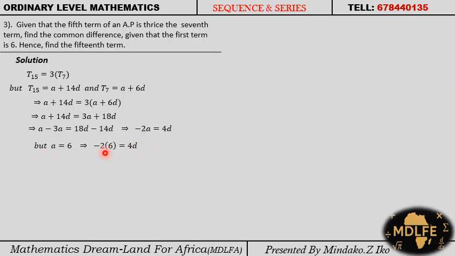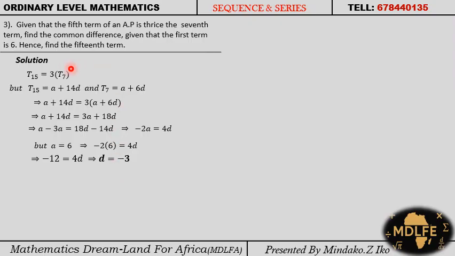But A equals 6, so I substitute my first term, 6, so that I can obtain my D. -2 times 6 is -12, and I divide all through by 4 to make D alone. Hence my D is just equal to -3, so that is my common difference.